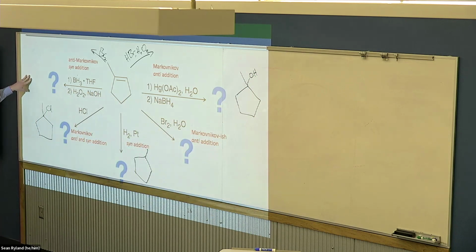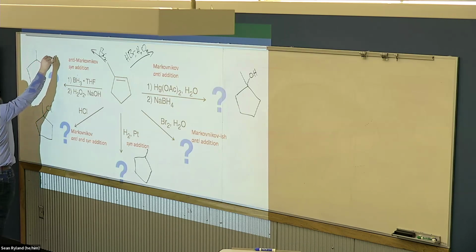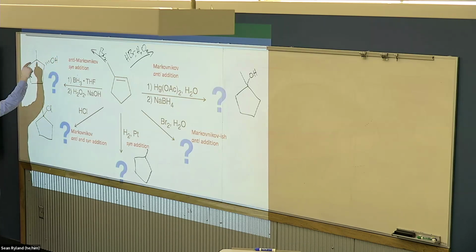It's anti-Markovnikov syn addition. So anti-Markovnikov means we're going to add our OH to the less substituted carbon. And whichever side we add, if we add our oxygen going into the board, we add our hydrogen going into the board as well, which means our methyl will be coming out towards us.